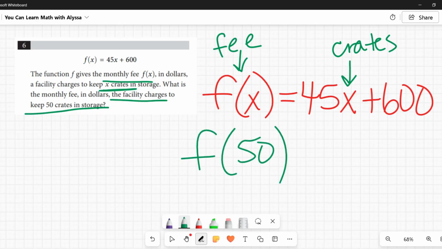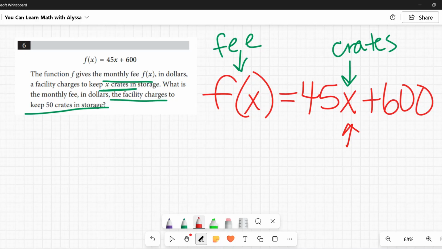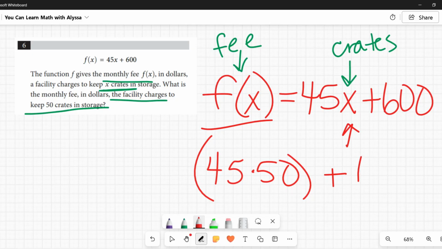That's another way they could ask you to do this exact same mathematical task. They're just saying plug in 50 right here, do the math, and see what you get. So 45 times 50 plus 600. 45 times 50 is 2250.